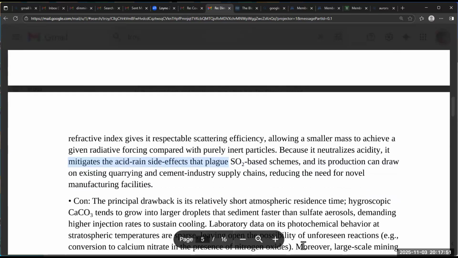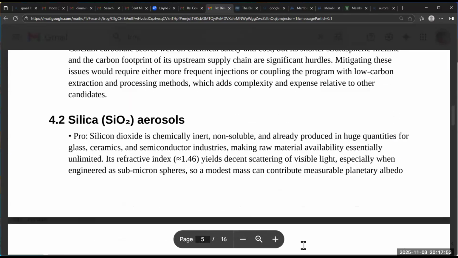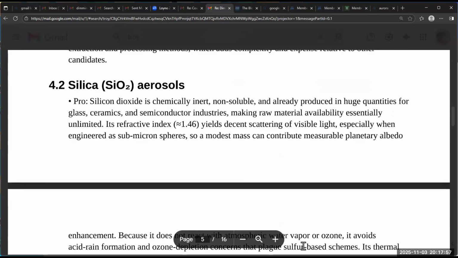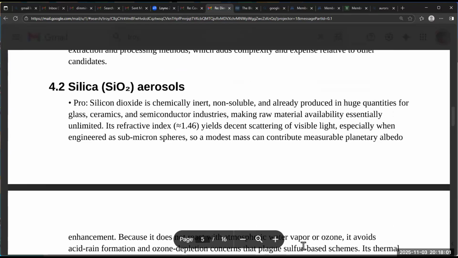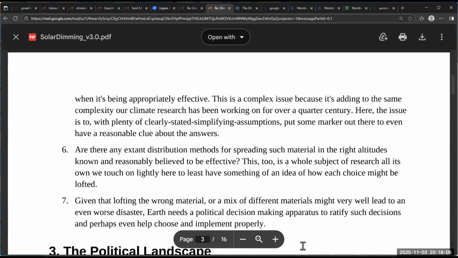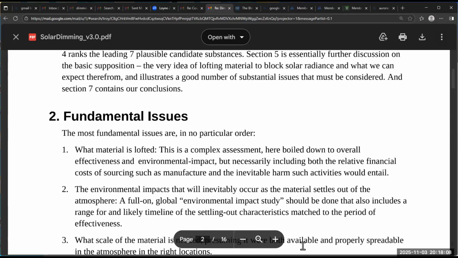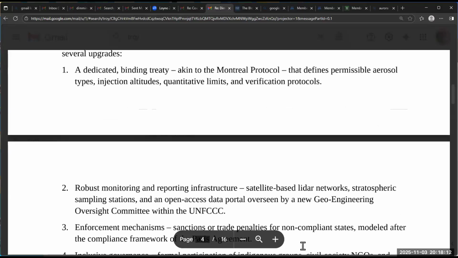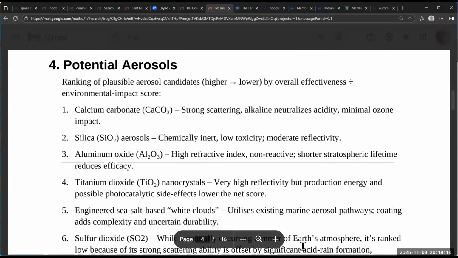The next one down is actually really probably my overall favorite, even though it's ranked number 2. Crushed basalt, basically a fine ground silicate. It's chemically inert. It's geologically abundant. It reflects sunlight comparable with the best of them.